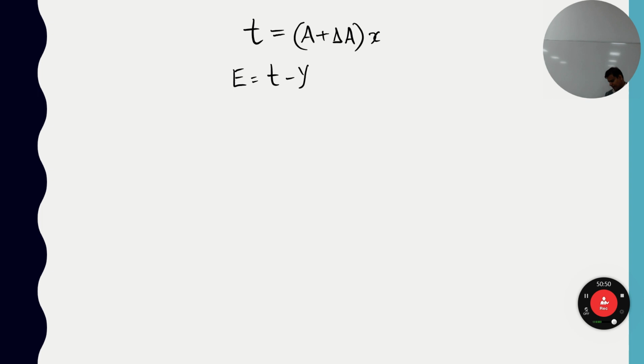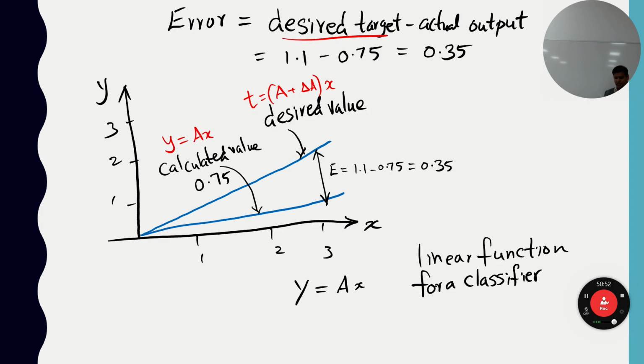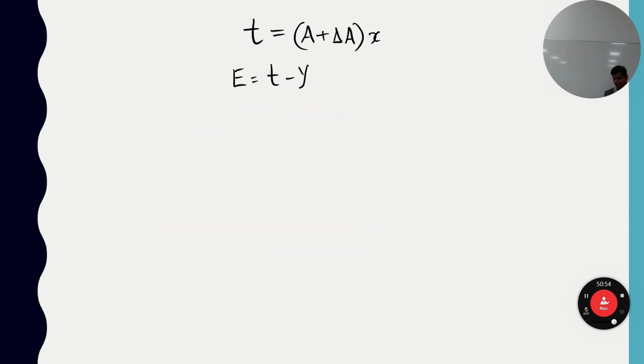You can look back and check it out. T minus Y is your error, and that is nothing but A plus delta A times X minus AX, and further you can expand the whole thing.